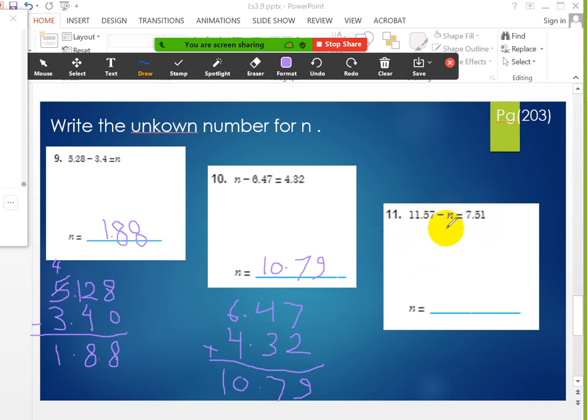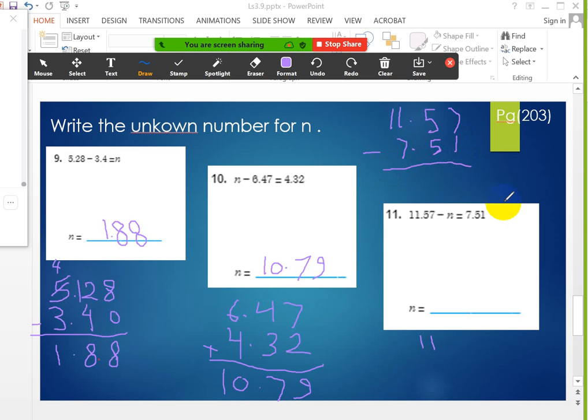To find the subtracted number, I have to subtract between the bigger number and the answer. Okay, so it will be 11.57 minus 7.51. I will write it here up, girls.